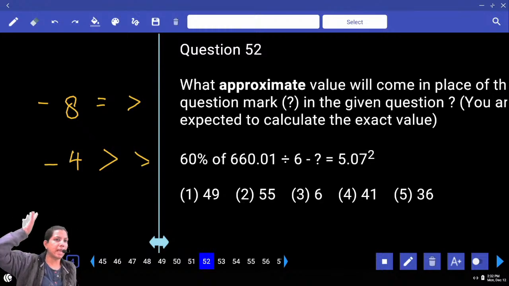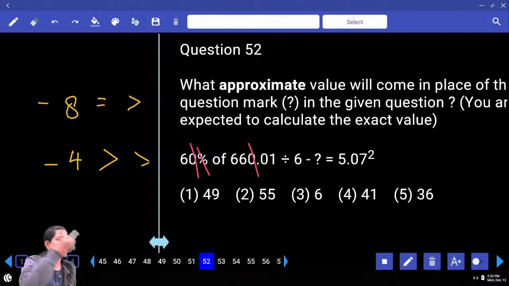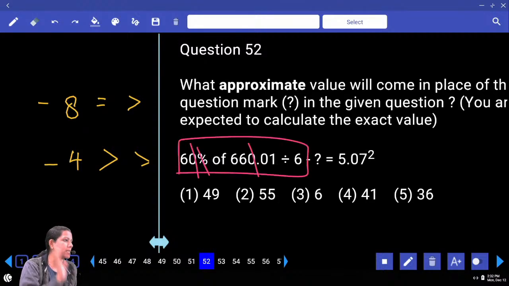Percentage and 2 zeros, cancel. 6 into 66 numerator, denominator 6 cancel. Finally, what is this complete value? 66. Only 66. Right hand side: 5 square means 25. 66 minus 25, 41.